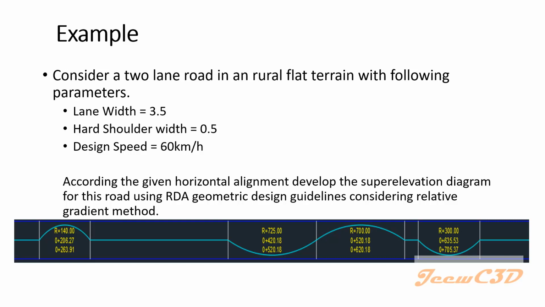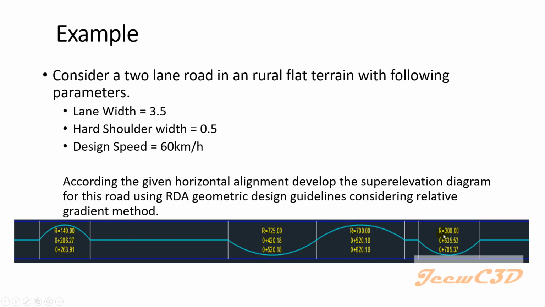Since this is a rural area, we also have larger radius curves, 725, 700 and 300. You need to look at the super elevation and adverse cross fall because of these larger radius curves in rural flat terrain. So first we will look at the radius values here: 140, 725, 700, 300.